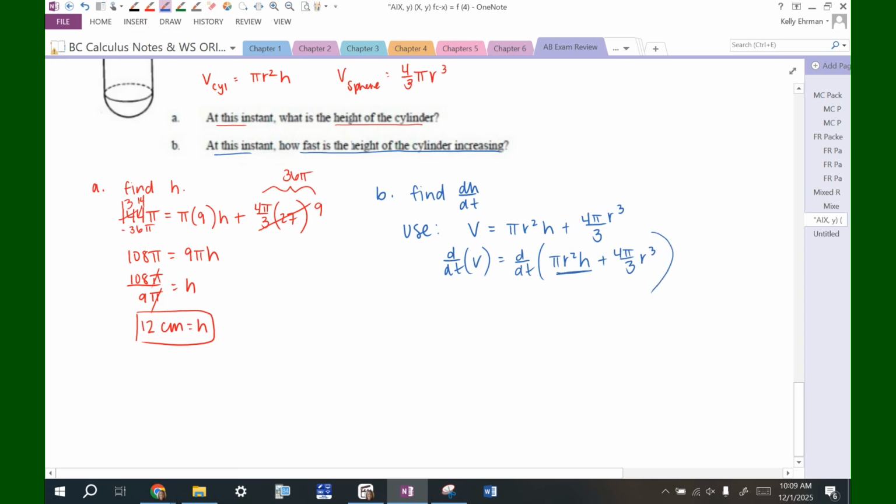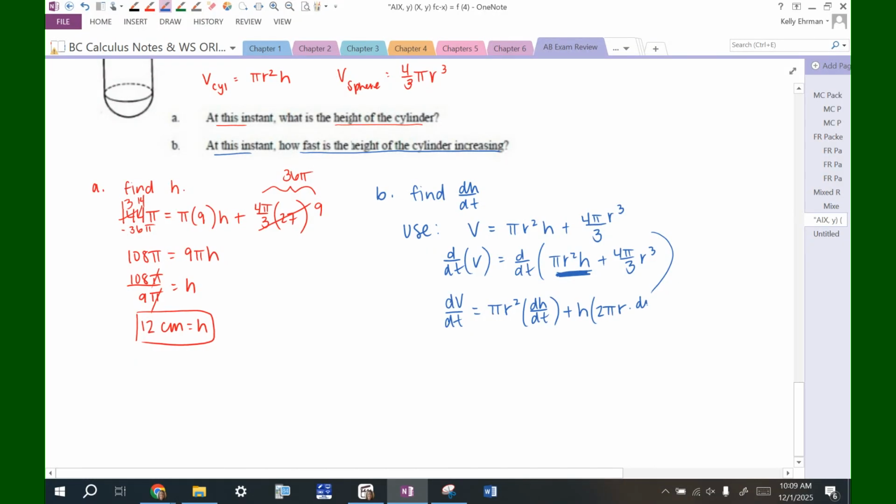Now remember, you need product rule right here because you have two different variables. This is just power rule. So this just becomes dV/dt. Product rule on this is first times derivative of the second plus second times derivative of the first.